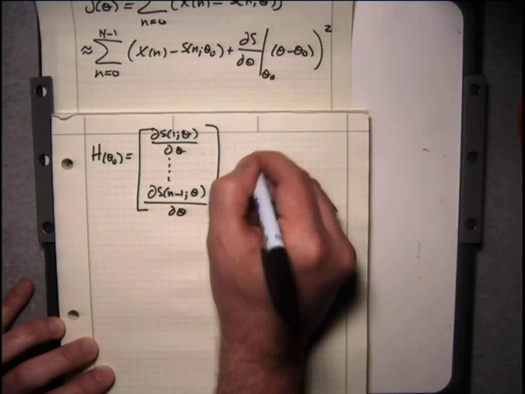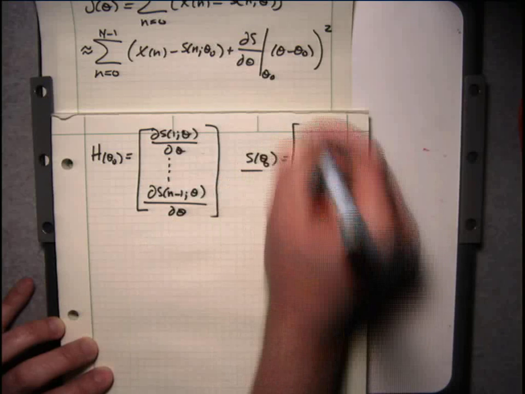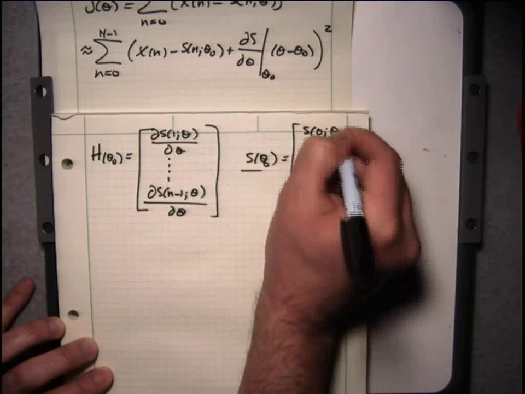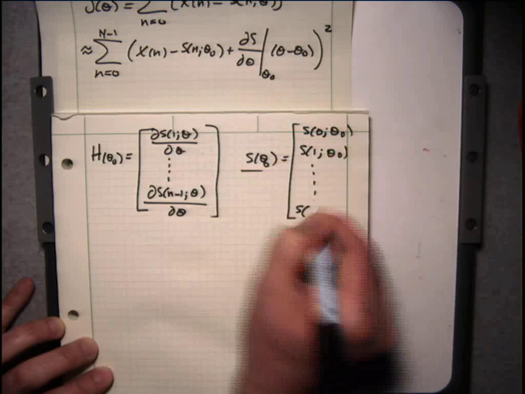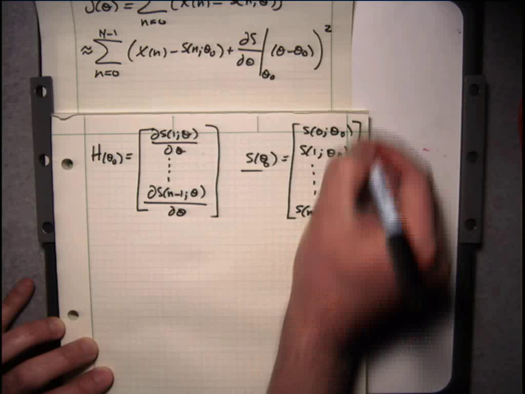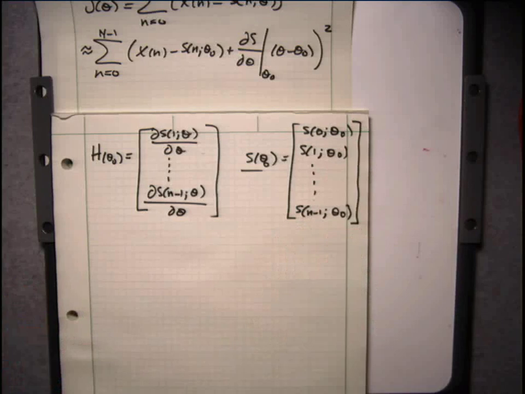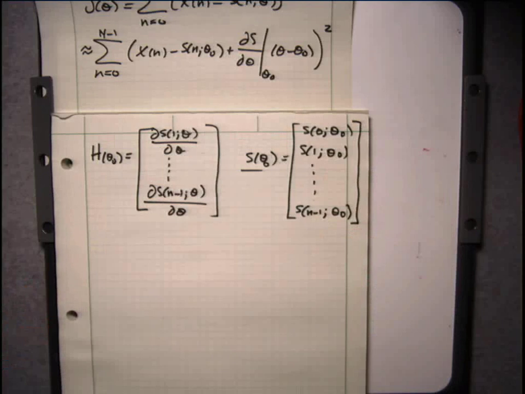And then s of theta 0 is a vector. It will be s of 0 theta 0, s of 1 theta 0, and so on, s of N minus 1 theta 0. With these two definitions, what you have here is basically a linear least squares problem where the unknown is theta.